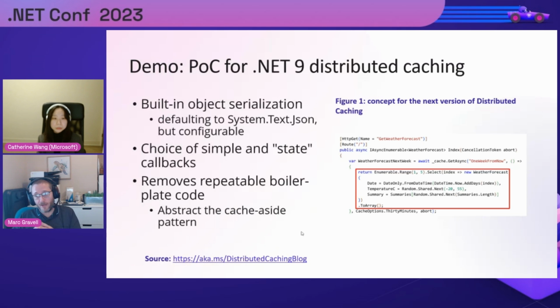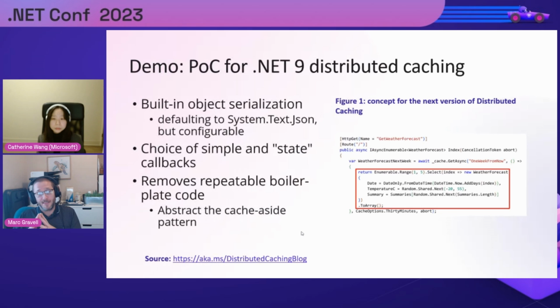So we're thinking that in .NET 9 we want to simplify this a lot. We are looking at a range of options at the moment to provide something that's a bit more of a functional API, where you can just pass in a key and some kind of callback mechanism, probably a lambda expression, to say, if you don't have the value, here's how to go away and get that value for me.